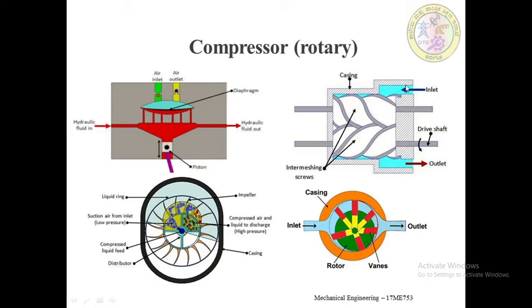From this location the air is entered. Through this rotating action, the air will be compressed through various sections of this screw and then get out of this mechanism and be stored in a storing device, and then we can utilize the stored compressed air, or else directly utilize the compressed air through this action of the screws.